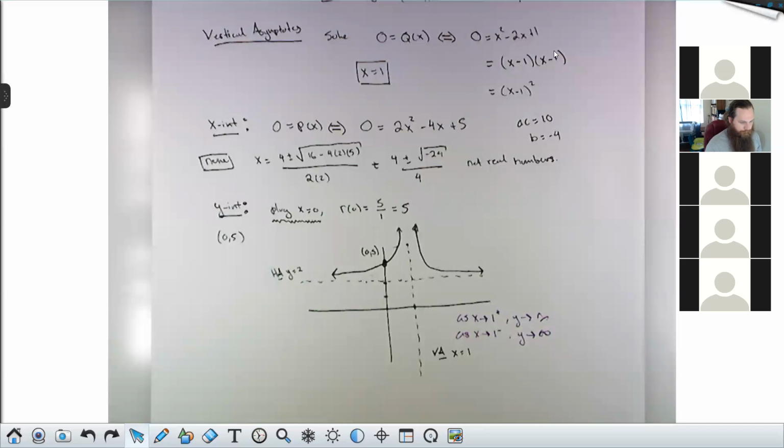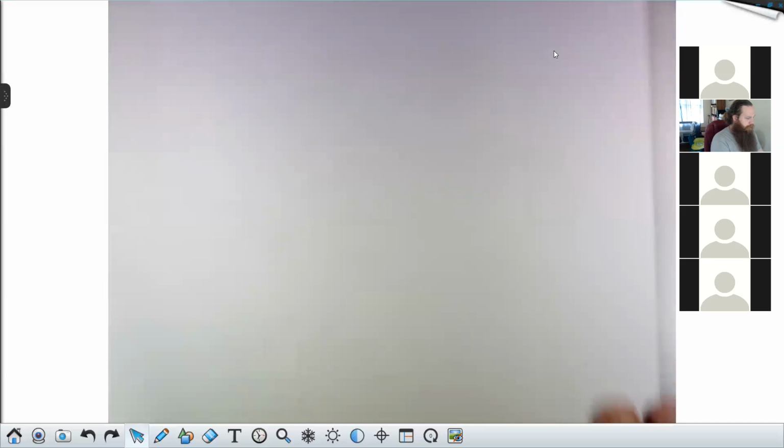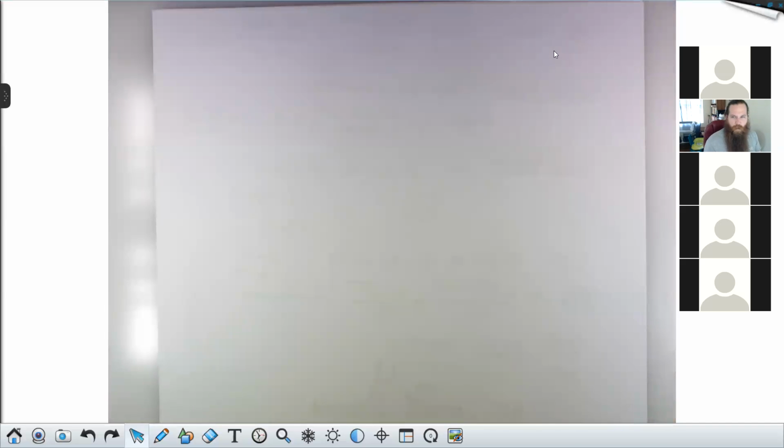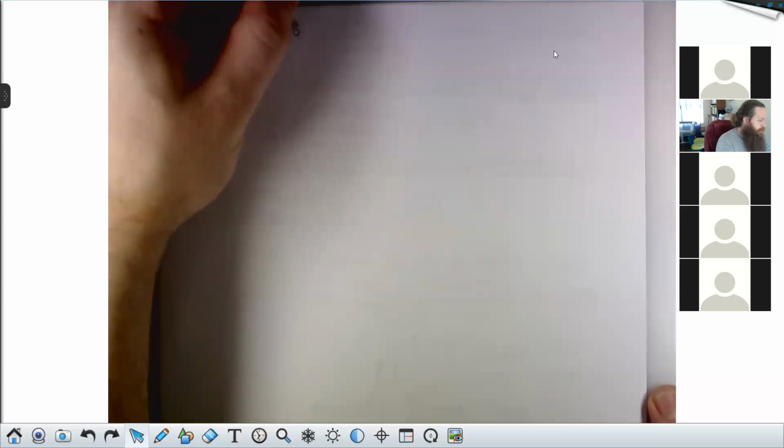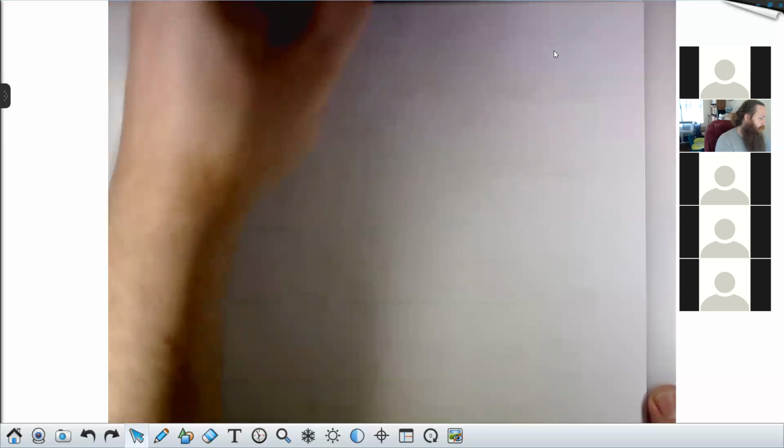Okay. So the procedure for graphing a rational function. You want to find those things that we listed. Sometimes it's helpful to take a step back and ask, do you have some steps? So, steps to graph a rational function.